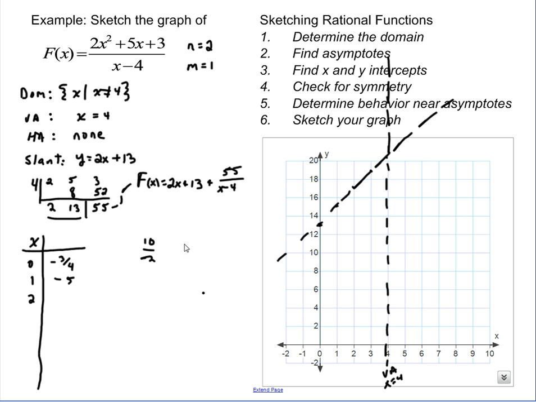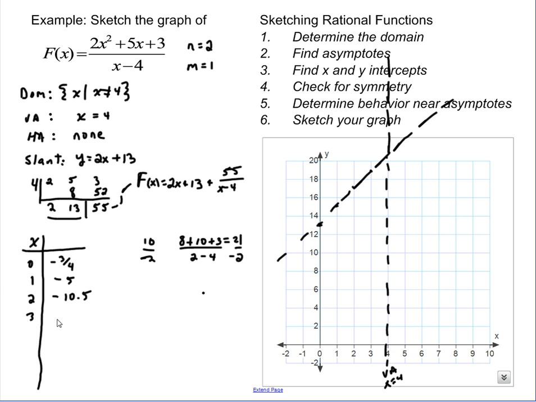Well, at x equals 2, I'm going to have 2 times 2 squared, that's 8, plus 5 times 2, that's 10, plus 3. So 18 plus 3, that's 21. And in the denominator, I'm going to have 2 minus 4, which is negative 2. So now I'm going to have 21 over negative 2. That is negative 21 halves, negative 10.5.